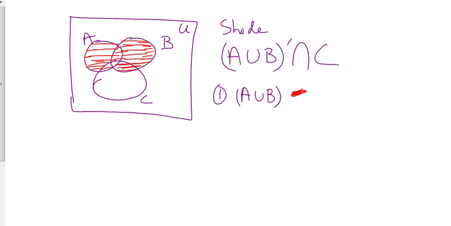Okay, next step. What's A union B prime? I have to do that in green. So it'll be everything that isn't what's shaded in red.